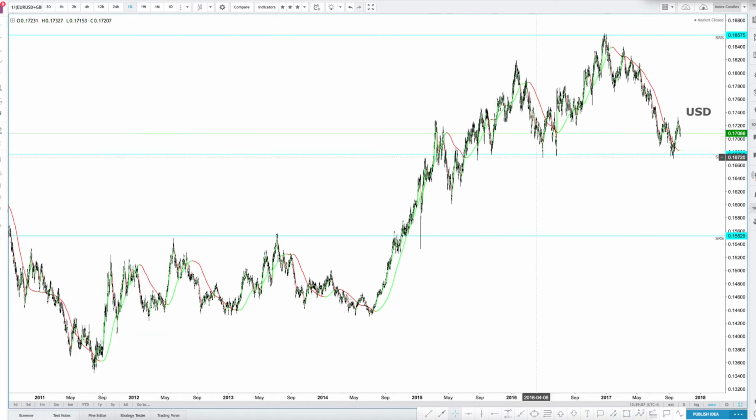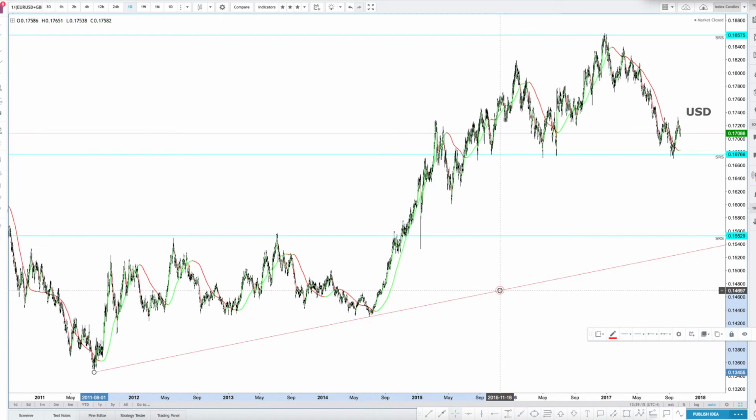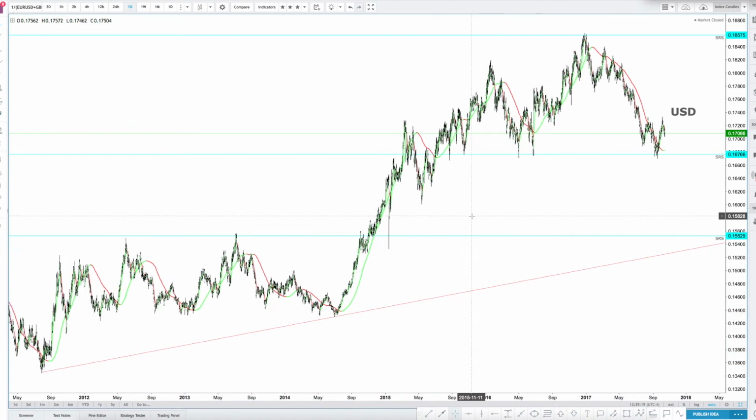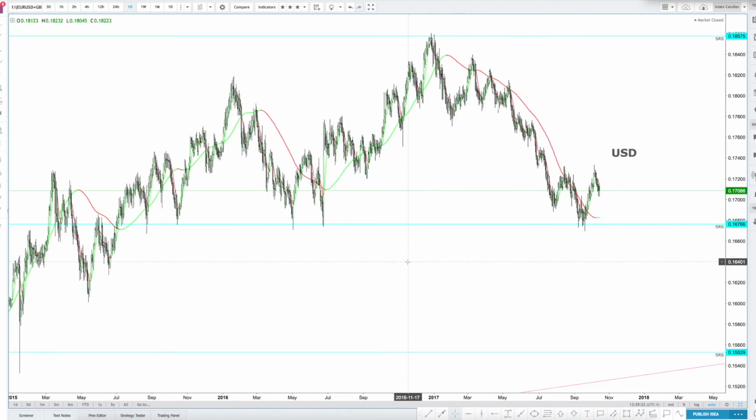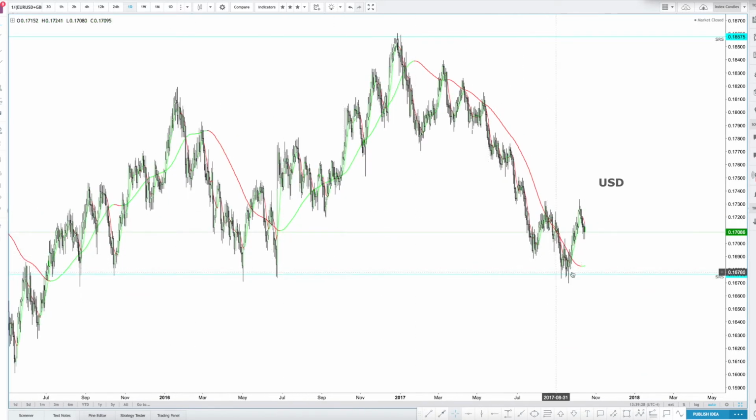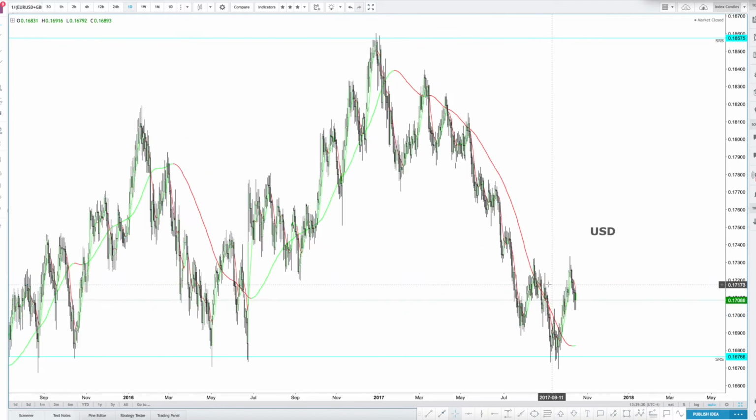Longer term, we're still in the uptrend, and we can slap a moving average and trend line here. So we're in this range right now between this high and these lows, and we are bouncing off of these lows right now.